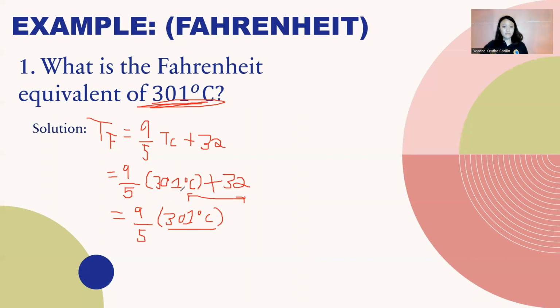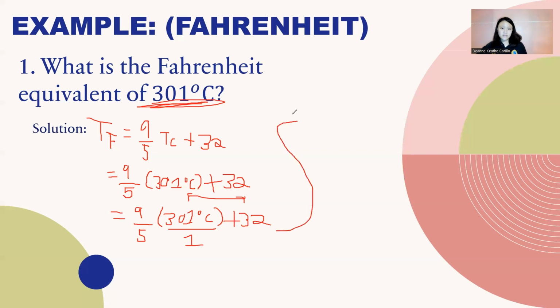9/5, and we bring down 301 degrees Celsius. Now let's put 1 here. It's always been like that. Plus 32. 301/1. Let's put over 1 here always para hindi tayo mahirapan mag-solve ng denominator multiplied by denominator and numerator multiplied by numerator.